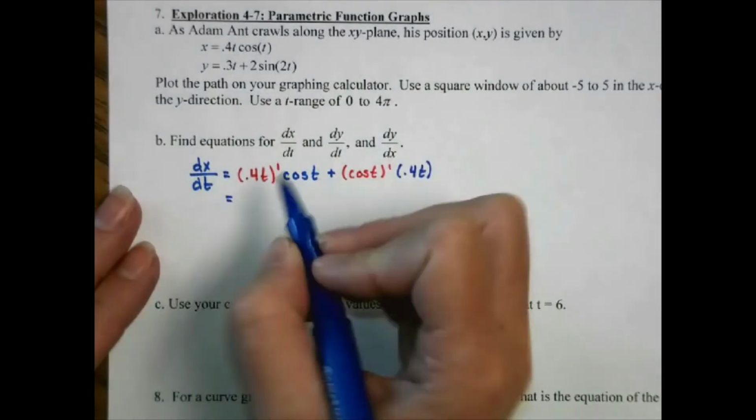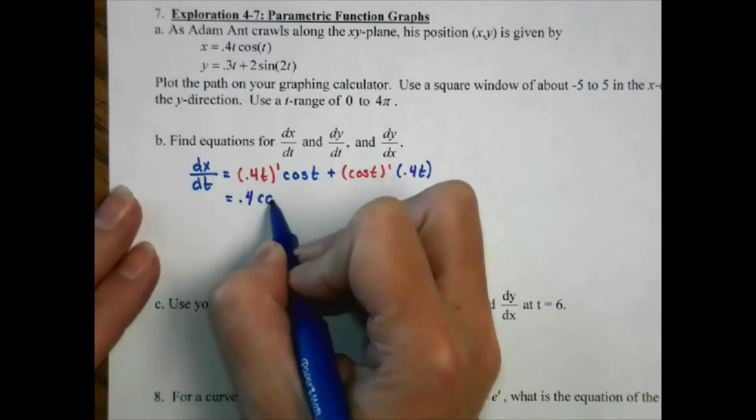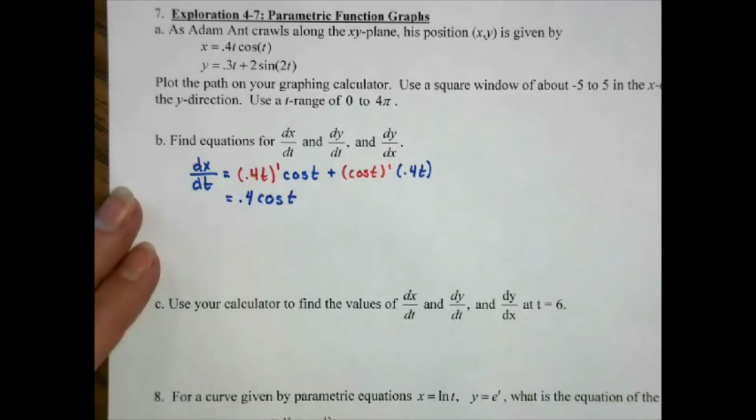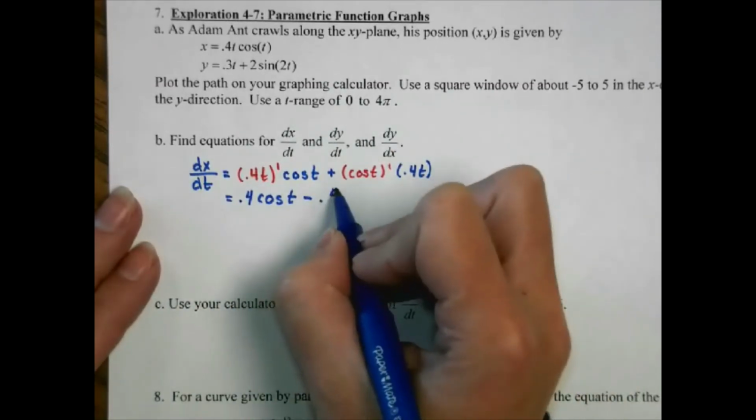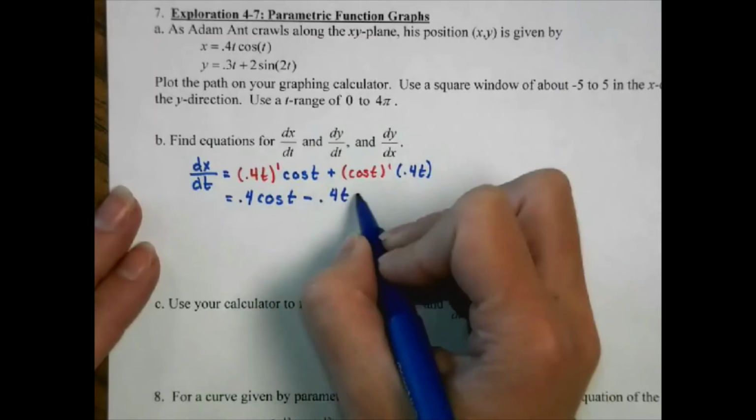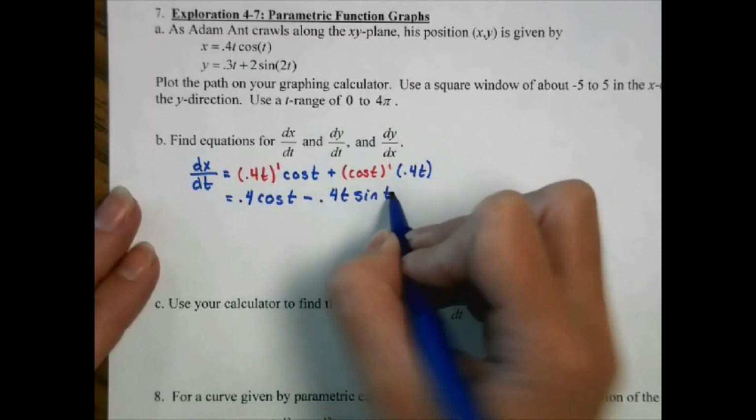The derivative of 0.4t is 0.4. This is going to be a negative, and I'm going to bring the 4t here with me, negative sine t.